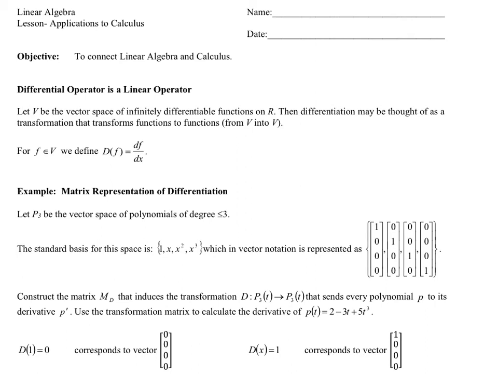When you're working with a polynomial function, what we're trying to do when we find a derivative is transform that polynomial function into the vector space related to derivatives. So all we would really need to do is define a vector space related to any kind of derivative that might exist for polynomial functions.